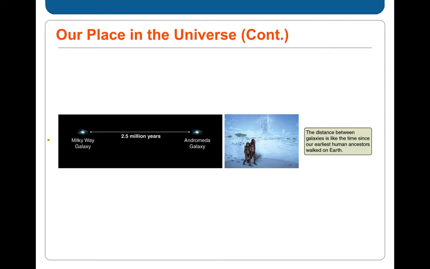Light has a finite speed, 300,000 kilometers per second, and this gives some interesting aspects in our endeavor of understanding what the universe exactly is. Because light has a finite speed, it takes time for light to travel from one object to another.